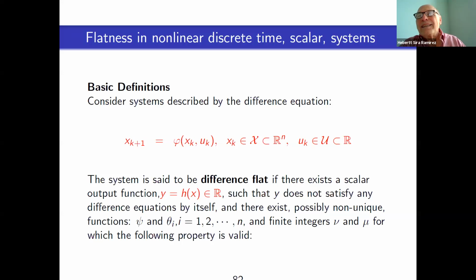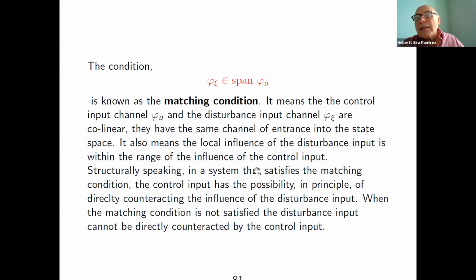Whether or not a disturbance is matched also depends on what output you are controlling, right? Yes. It's an input-output relation. It's the consequence of having the same nature of input-output relation between the actual input and the disturbance input to the same output. So it is true.